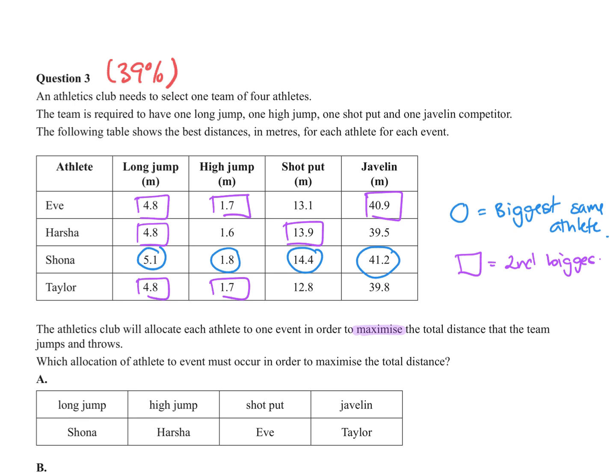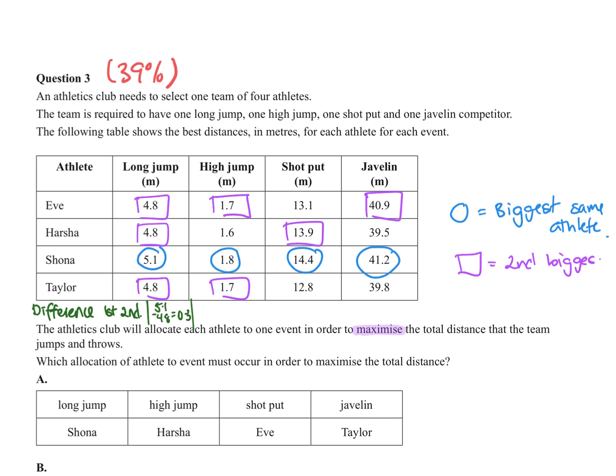So what I'm saying is the difference between first and second, like, you know, in here. So for this one, it'd be 5.1 minus 4.8. So I get 0.3. So Shona throws 0.3 more.